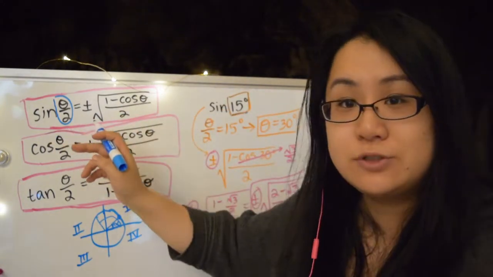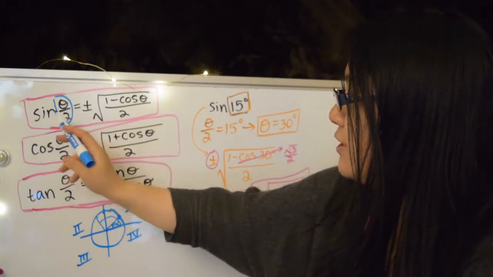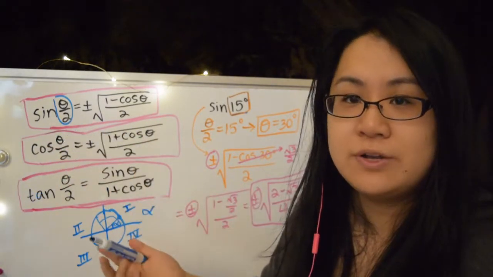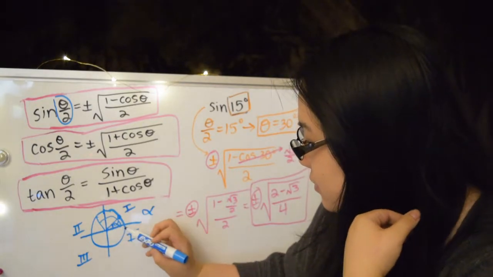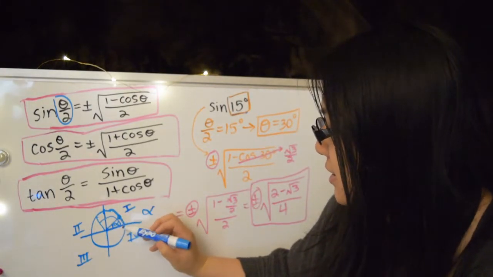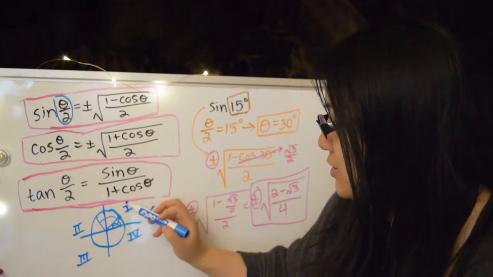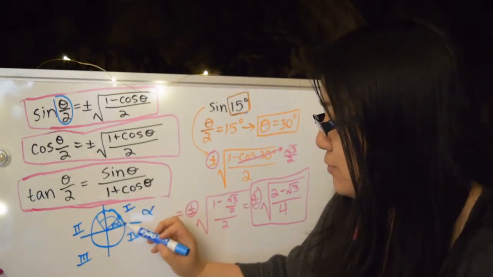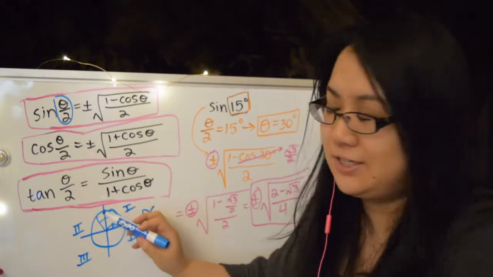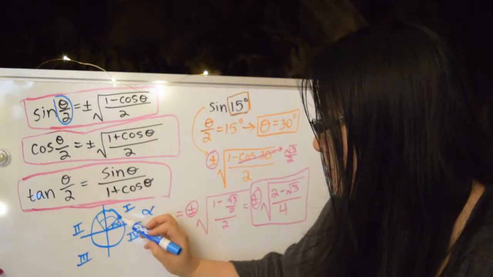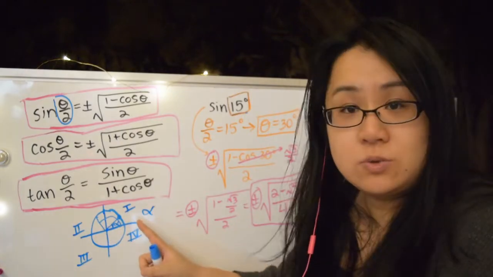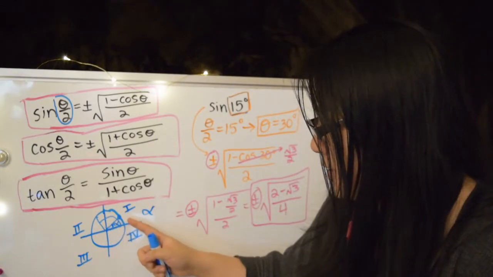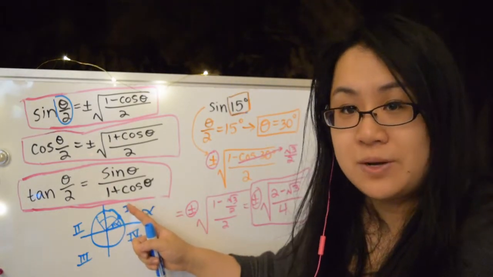So what we do is we find the angle, our theta over 2, right? 15 degrees is our theta over 2. Since we're looking for sine of 15 degrees, I want to know if that is positive or negative. So I need to find 15 degrees. I see that 15 degrees is in quadrant 1 because it's between 0 and 90 degrees. And what I noticed there is that the x coordinates in quadrant 1 are positive and the y coordinates are positive.